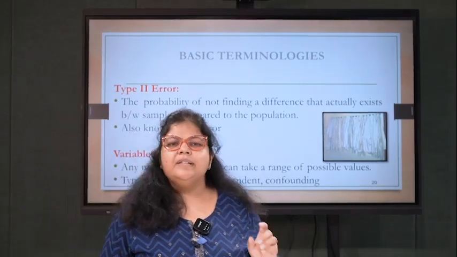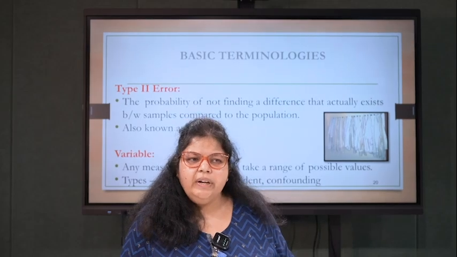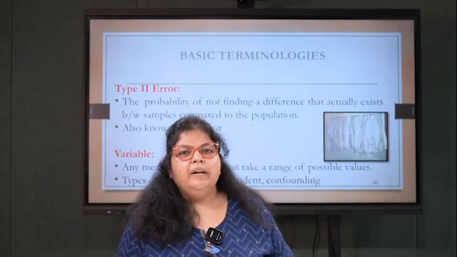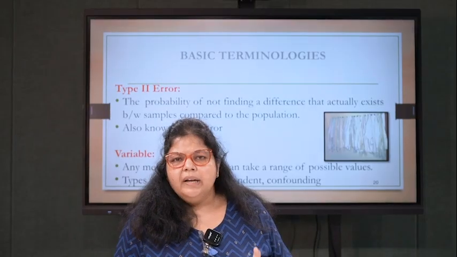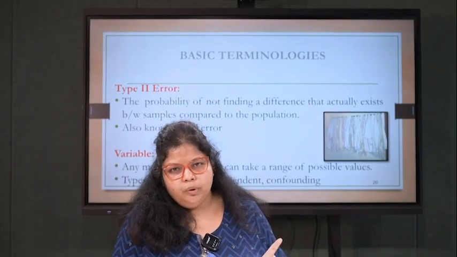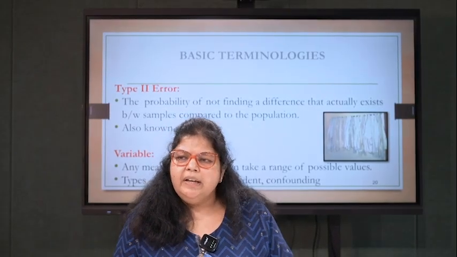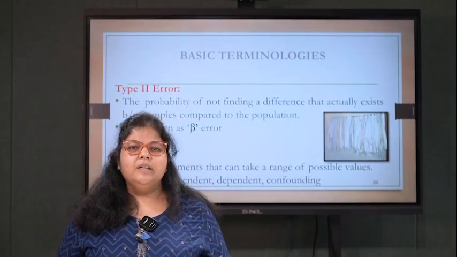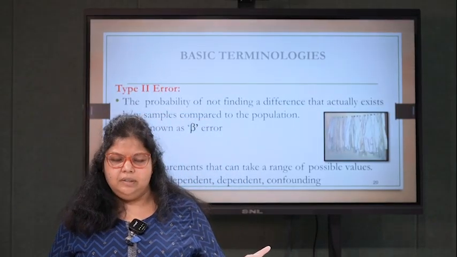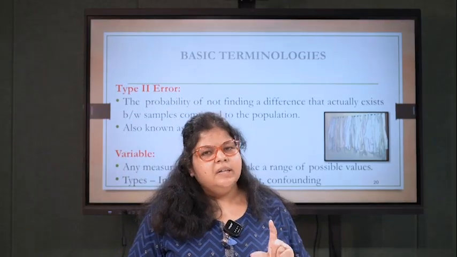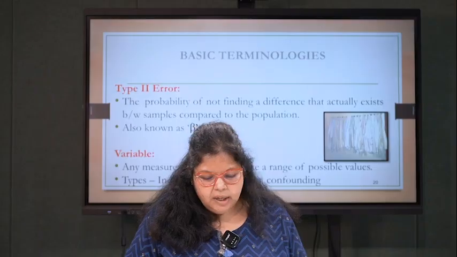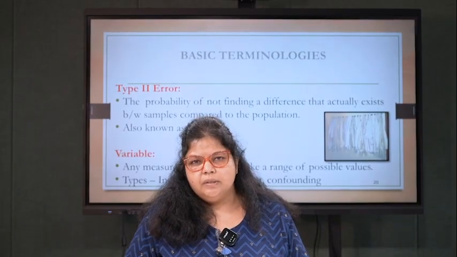And there is another one, that is the confounding factor. The confounding factor is associated with both the independent and dependent variable, and it can ruin both of them. For example, take smoking, which is related to oral cancer. Oral cancer here is the dependent variable, and smoking is the independent variable. Now as a confounding factor, we can have alcoholism.